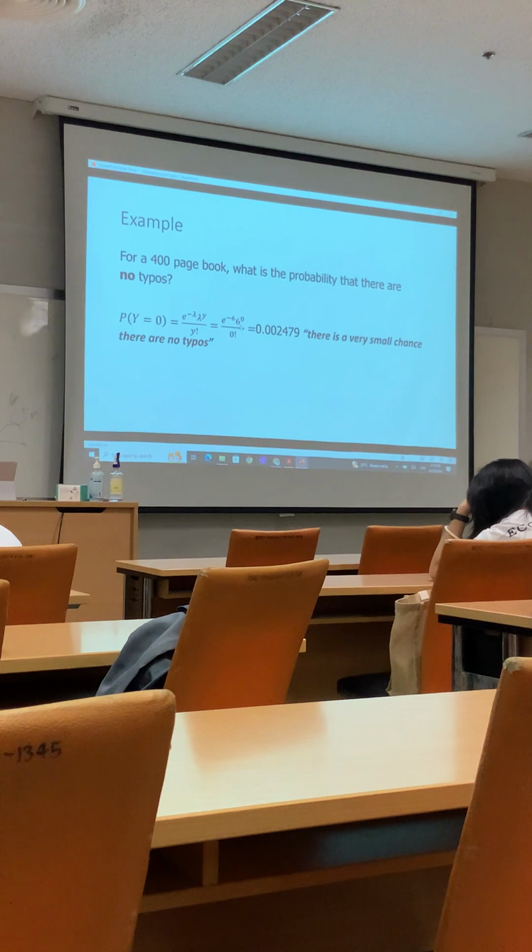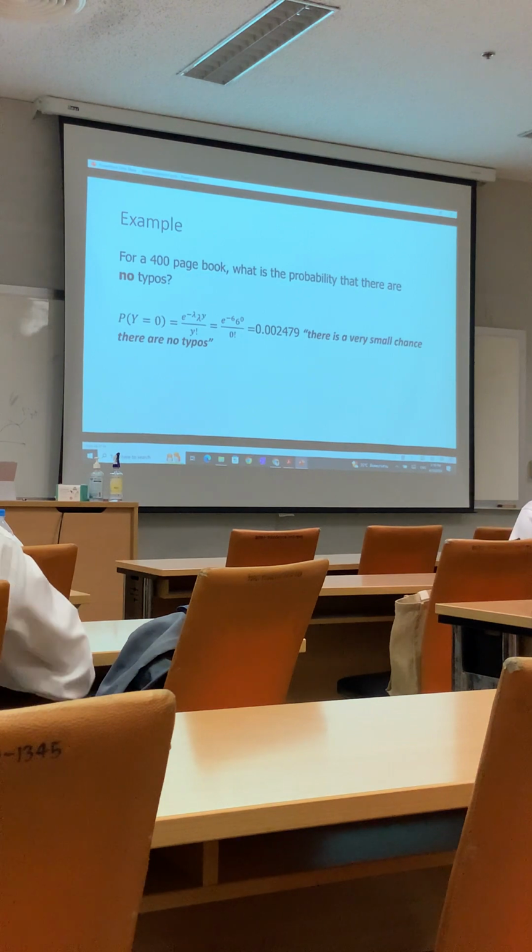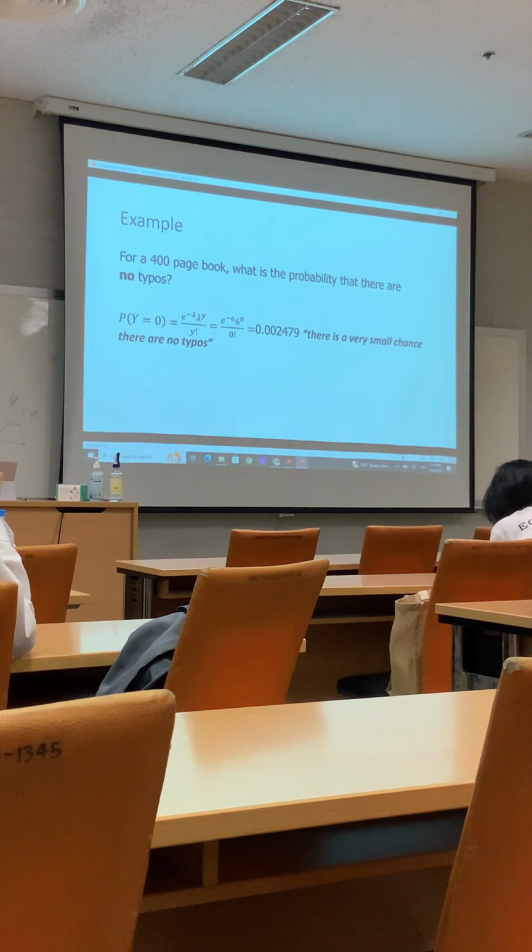But 6 to the power of 0 is still 1, and 0 factorial is still 1. So this number is e to the power of minus 6, and you can see that the probability is less than 1%. Okay, does it make sense?